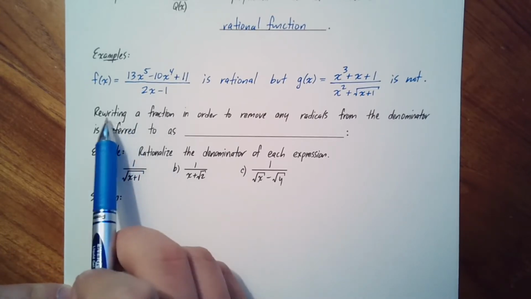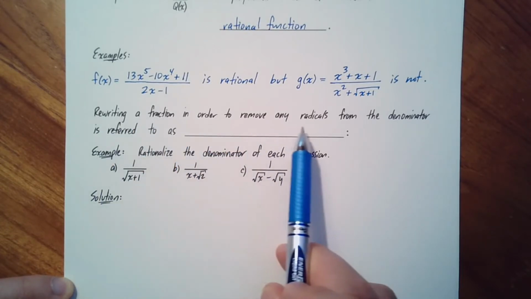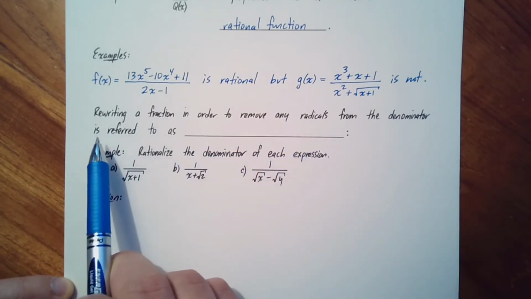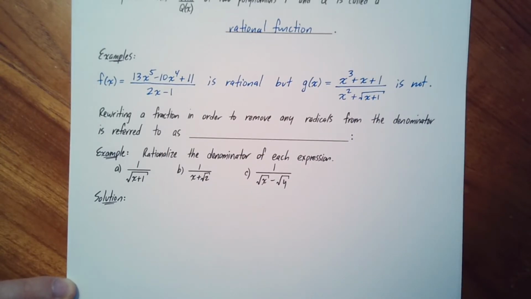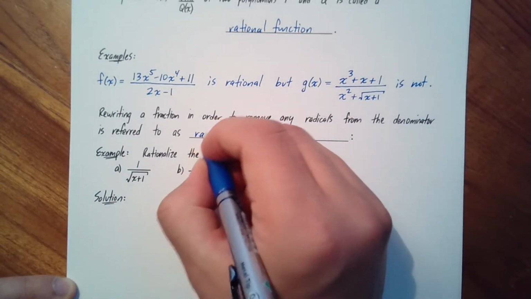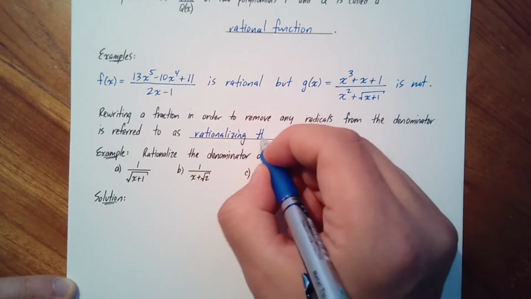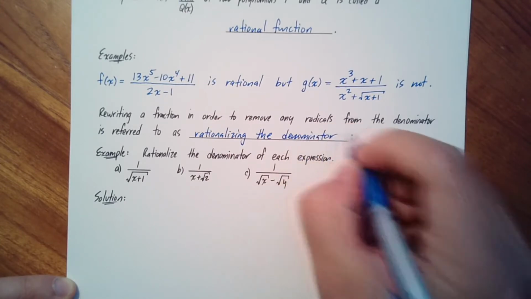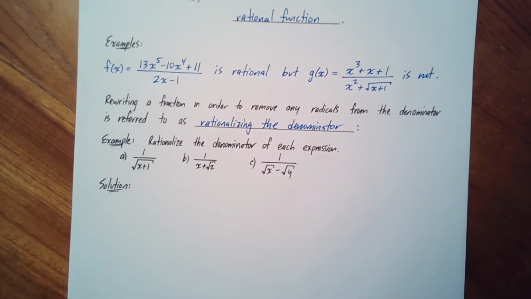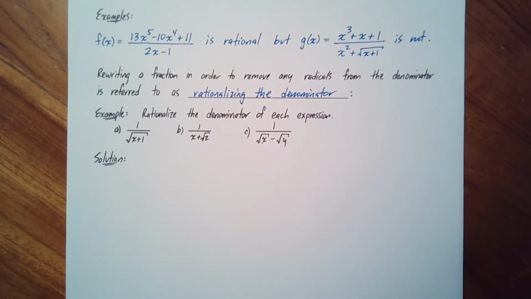But for now, let's just finish this sentence. If you want to rewrite a fraction in order to remove any radicals from the denominator, so in other words, get rid of square roots or any kind of root symbols, that's called rationalizing the denominator. So let's put that here, rationalizing the denominator. Okay, so you're not making it a rational function, but you are rationalizing part of it in some sense.